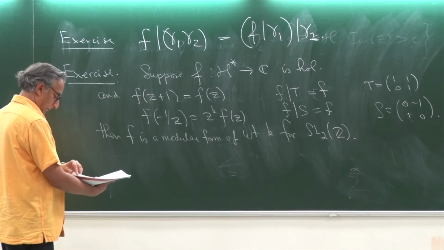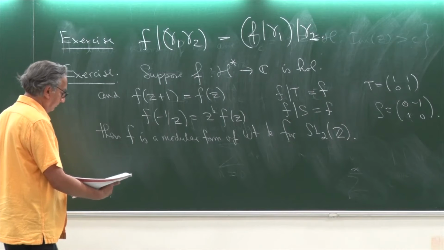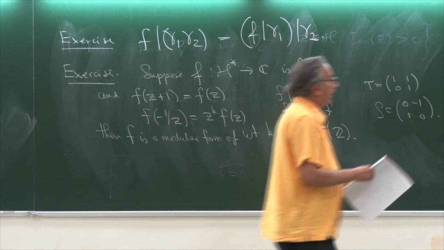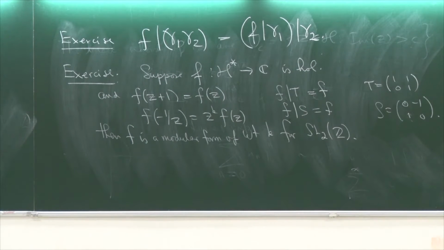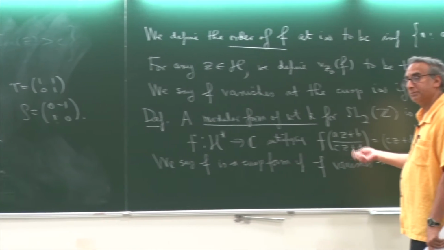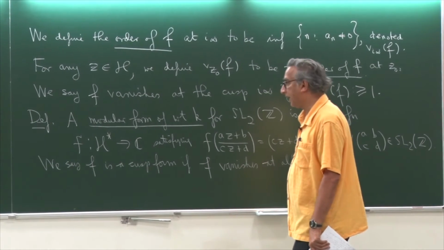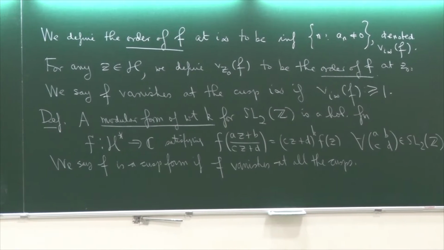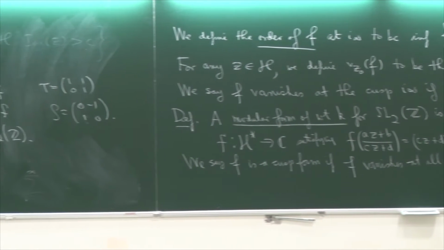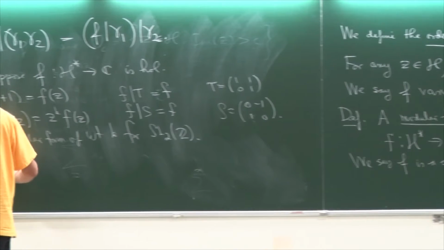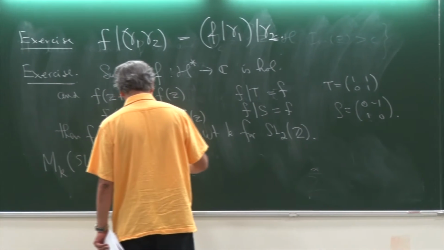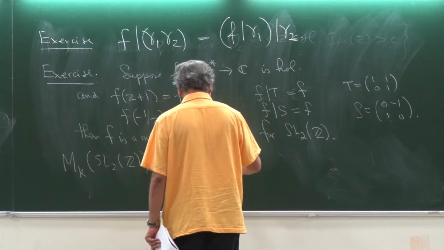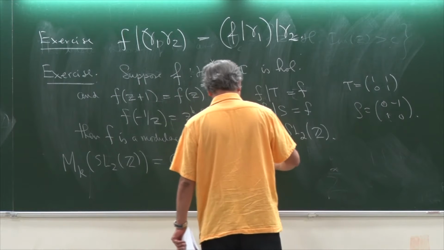All right. Now we'll consider the vector space of modular forms of weight k. Notice that if I have two functions that satisfy this rule, then if I add them, I still get a modular form. If I multiply by a scalar, I still get a modular form. So we have the vector space M sub k of SL2Z, the C vector space of modular forms.